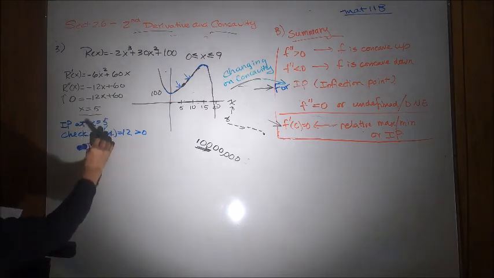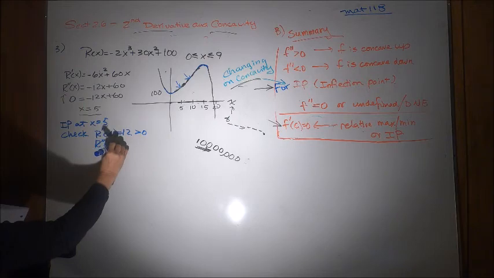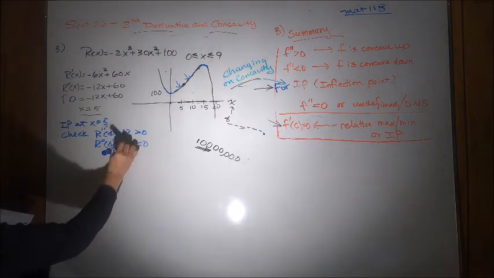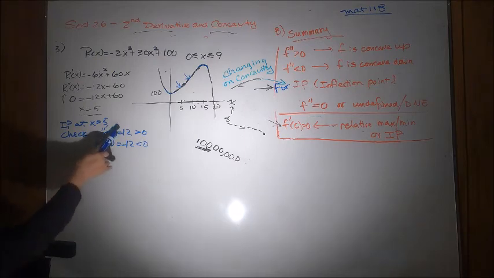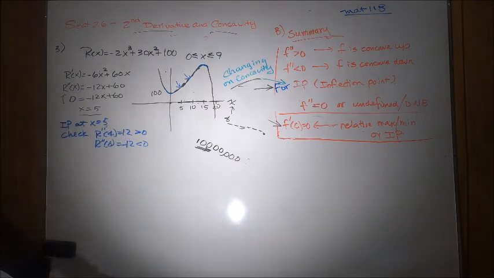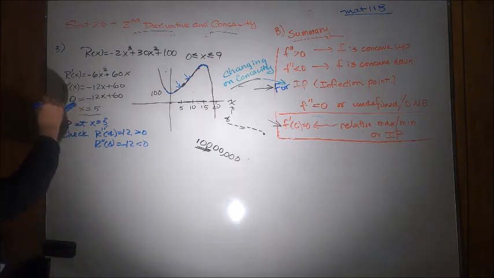Then r prime prime at 6 is negative. So from positive to negative, you have to go through what? 0, right? That's our r prime prime is 0.